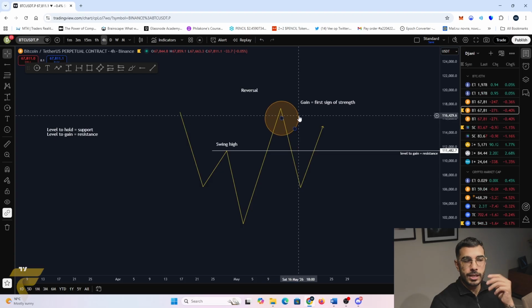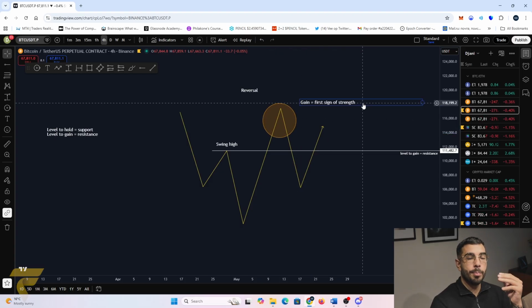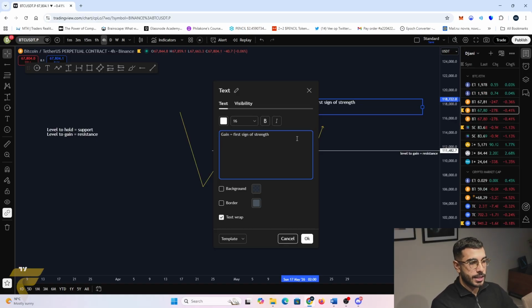A gain is not a simple touch. It's actually reflected in the number of candlesticks, these blocks, these candles, that get above the level to gain. So the guideline is, we speak of a confirmation of a gain when 2 or more candlesticks close above the level to gain.